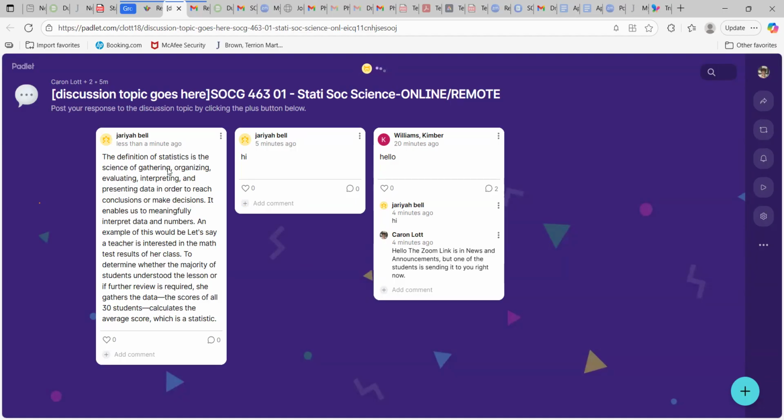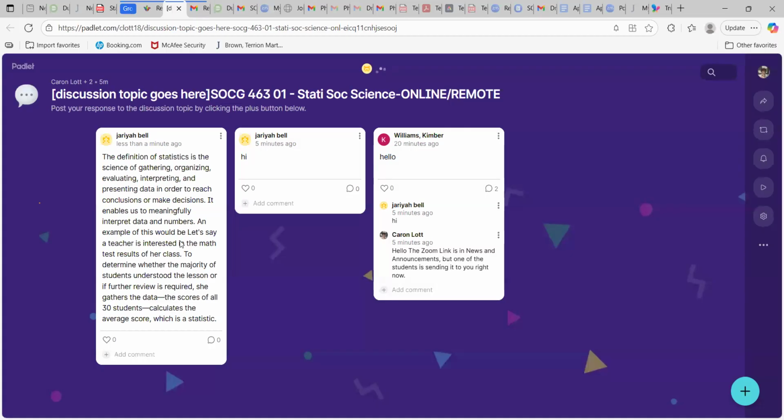There we are. Getting some movement. Jariah said the definition of statistics is the science of gathering, organizing, interpreting and presenting data in order to reach conclusions or make decisions, and enables us to meaningfully interpret data and numbers.